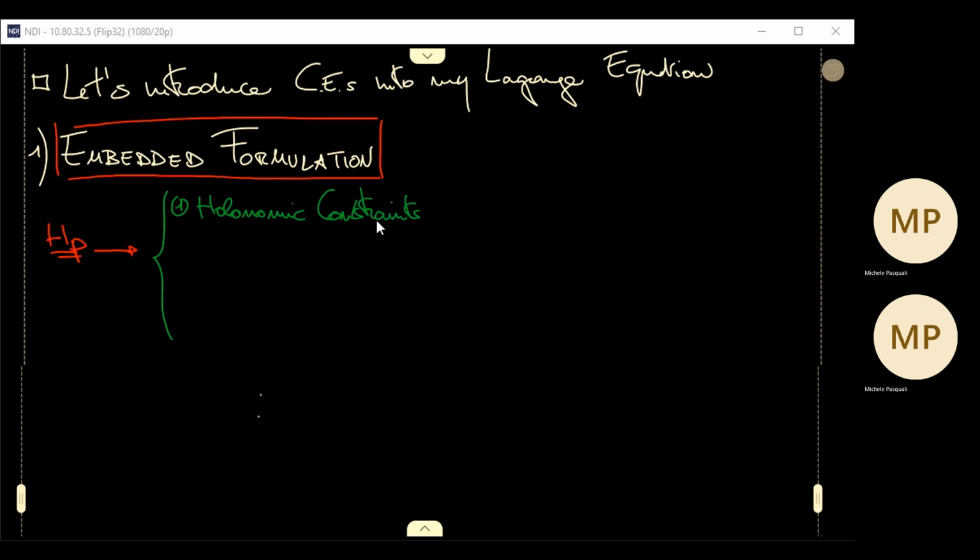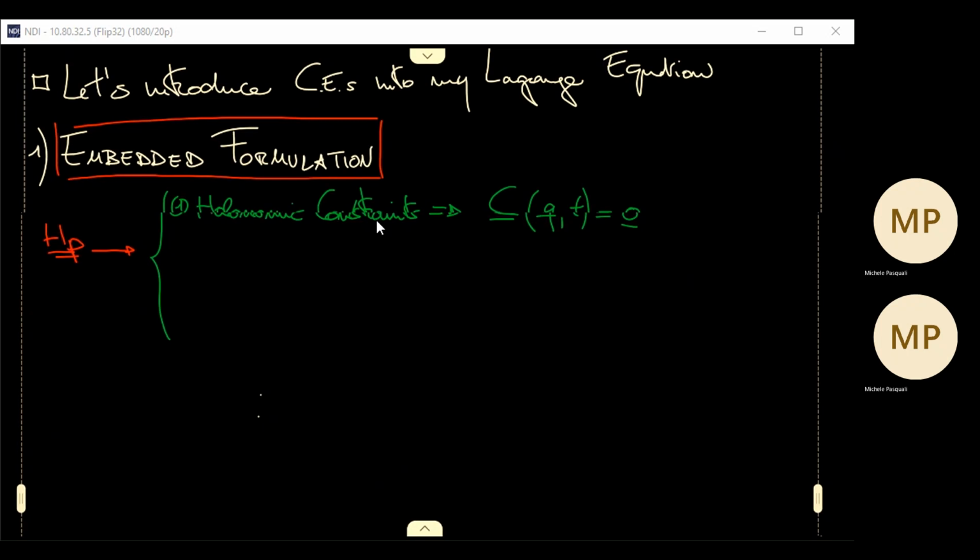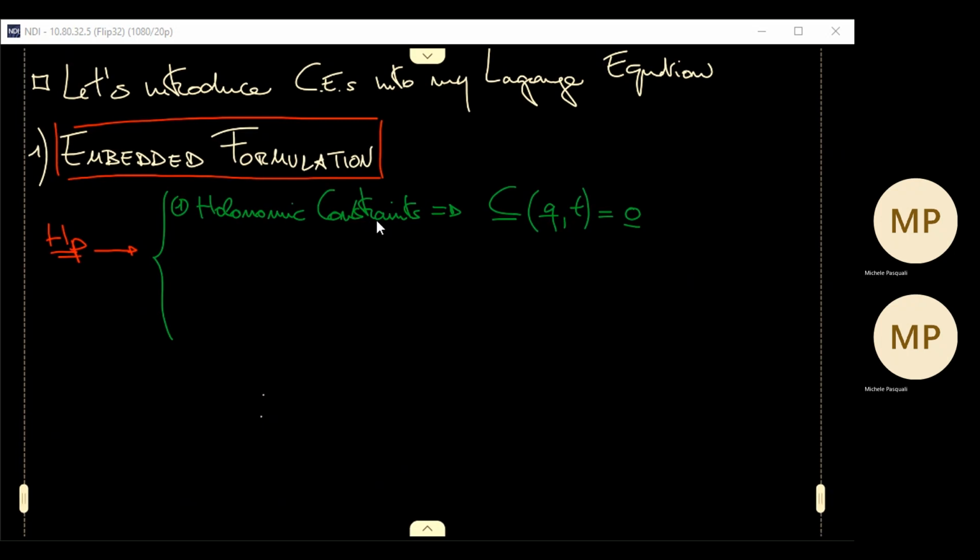Okay, so they have to have this form here: C of Q and time equal to 0. You can call them, if you want, kinematic integrable or geometric.